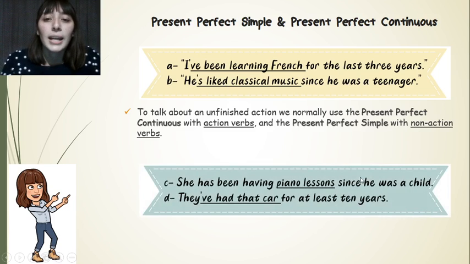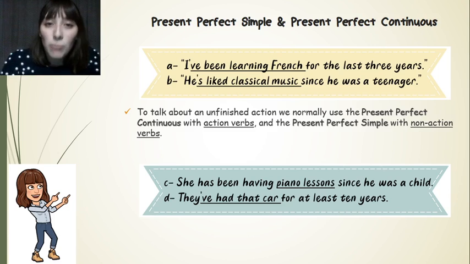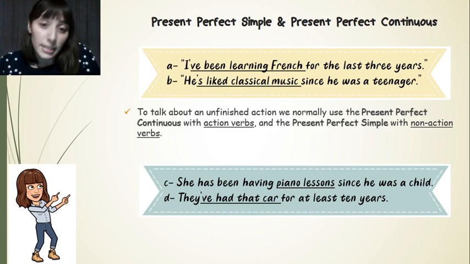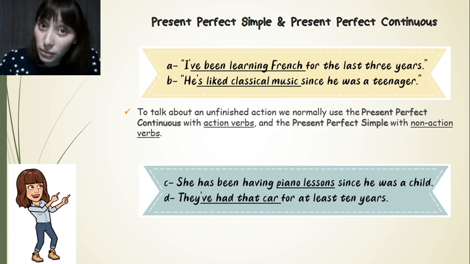So let's look at example C. She has been having piano lessons since she was a child. And D, they've had that car for at least 10 years. In both situations, we have the verb have. So have expresses a non-action verb, because it doesn't express an action, but it depends on the context.